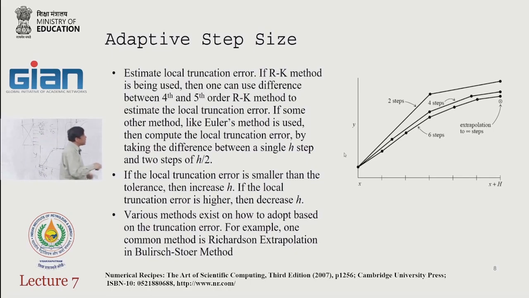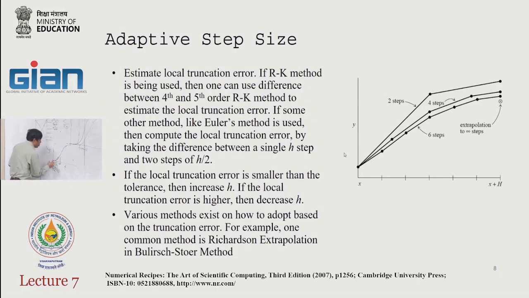So what it basically says is, if I take h over 2 and I take a full h, the result I'm getting is here. So this is the difference, right? I'll show you clearly here.